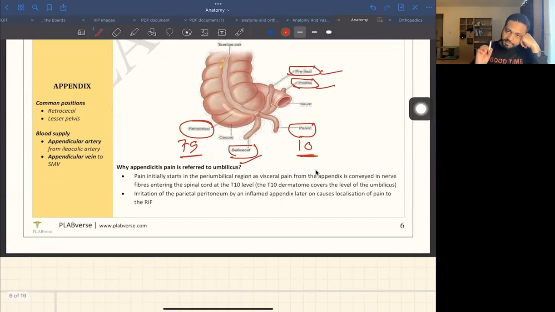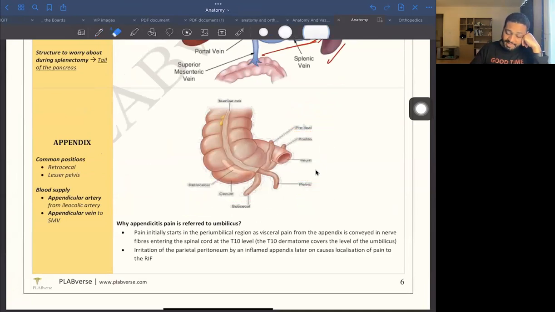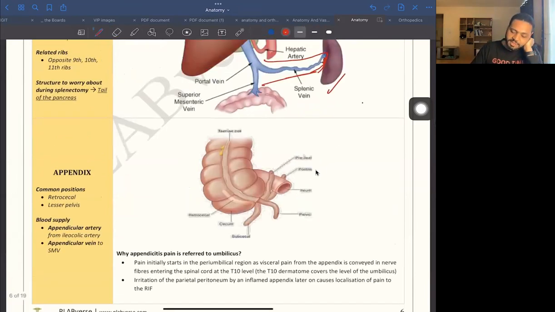Okay, what is the blood supply of the appendix? As we mentioned earlier, if this is your aorta, at the upper border of L1 you have the celiac trunk, and then at the lower border of L1, you have the superior mesenteric artery, which supplies the midgut. The superior mesenteric artery gives many branches.